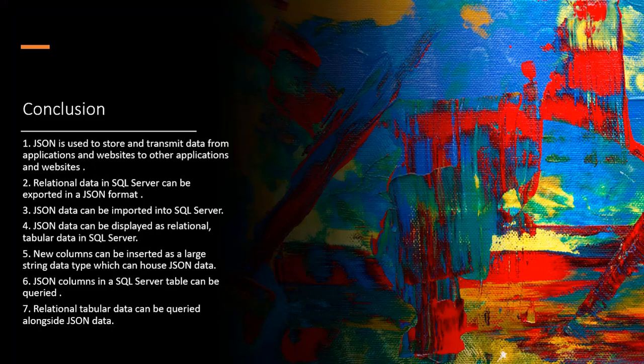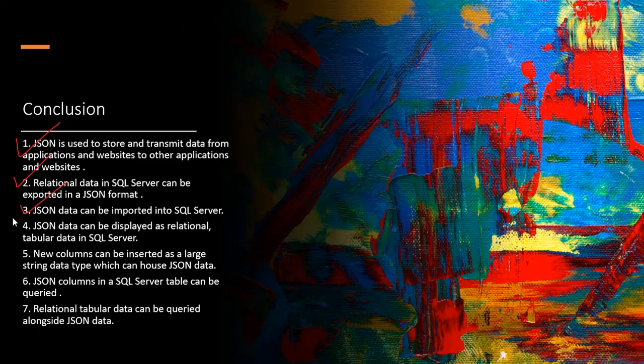In conclusion, we have noted that JSON can be used to store and transmit data from applications and websites to other applications and websites. Relational data in a SQL Server table can be exported in a JSON format. JSON data can be imported into SQL Server, and it can be shredded into the columns in a table.